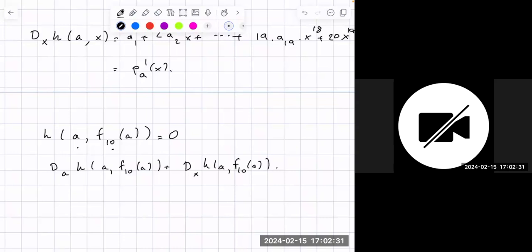I am trying to take the derivative with respect to A, because everything here depends on A. On the right, certainly I'll get a 0. Give me a sec. On the left, I will get, I think, the following. I'm doing the chain rule right now: DA F10A.